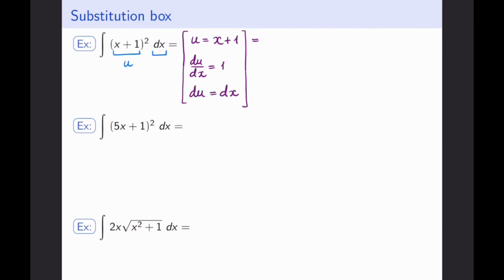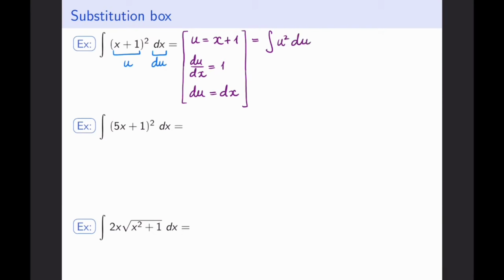And so what I actually can note is that this dx is the same as du as per my calculations here. So what am I now able to do is rewrite this entire integral in terms of u and u alone. So this is now the integral of u squared du.